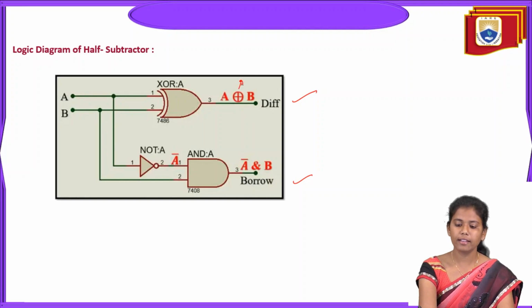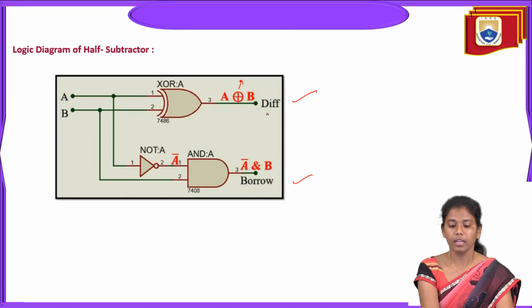How are we going to achieve the difference and the borrow? The difference is A XOR B. Two inputs are given, so that we get the difference with respect to A and B. Now for the borrow, it is A bar and B. A passes through the NOT gate to give A bar, and B is taken directly, so it is an AND gate.